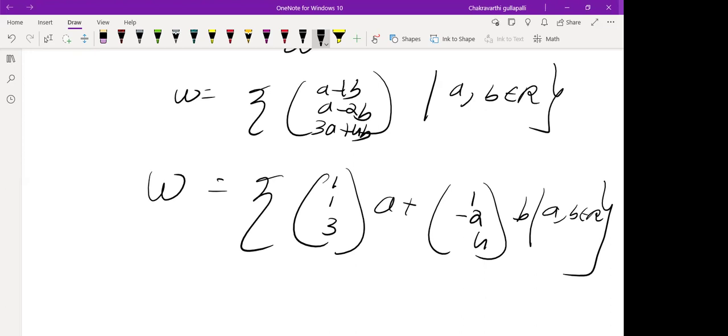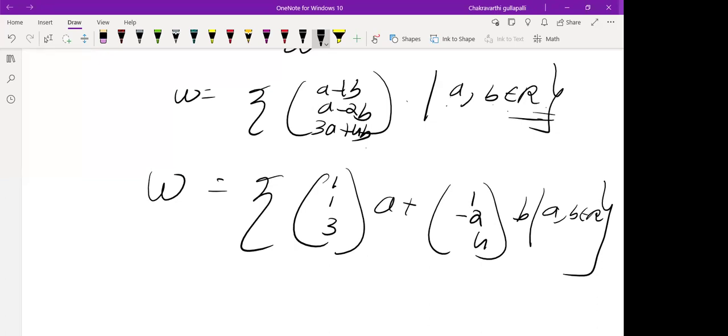You can give any value for A, B, and there are infinitely many real numbers. If you give A equal to 1, B equal to 0, you will get one vector, (1, 1, 3). If you give A equal to 0, B equal to 1, you will get another vector, (1, minus 2, 4). If you give A equal to 1, B equal to 1, you will get another vector. Like that, infinitely many vectors are there.